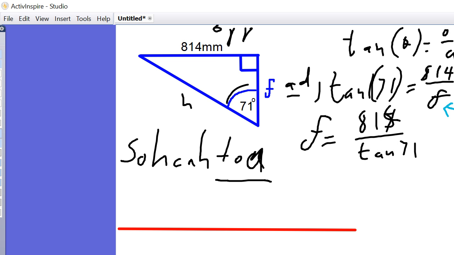And I just calculate. So 814 divided by tan 71, and we get 280.28. And in this case we were dealing with millimeters.